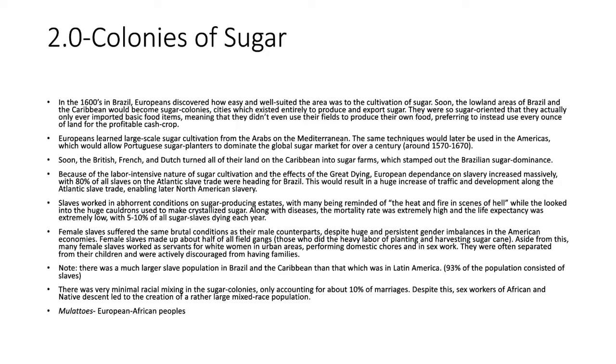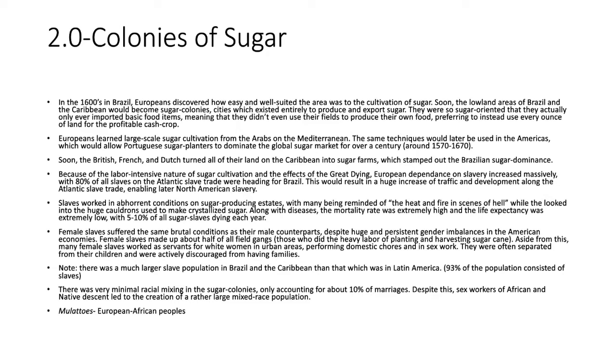There might be a couple tribes scattered around, but compared to Mesoamerica or the Andean region, it is very, very sparsely populated because it's essentially the jungle.